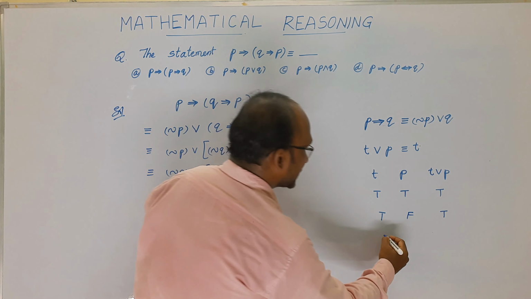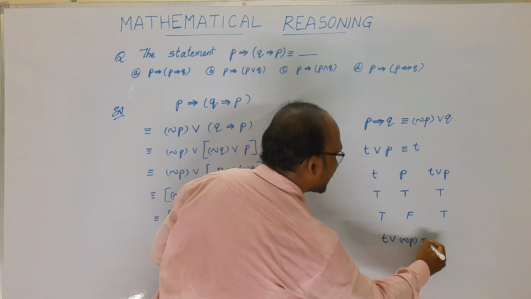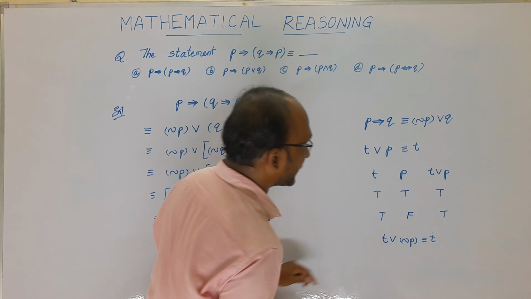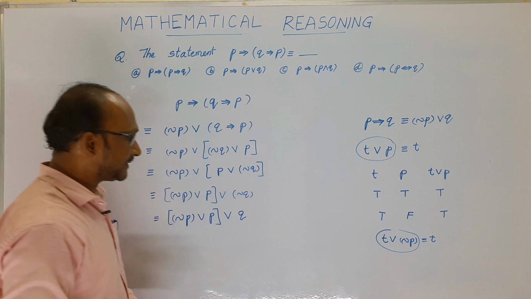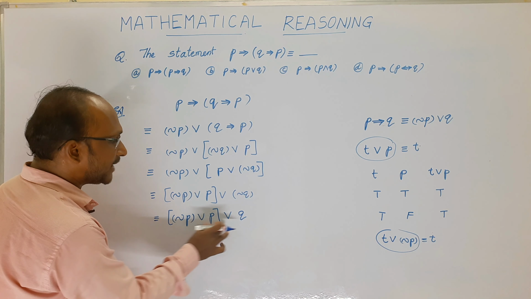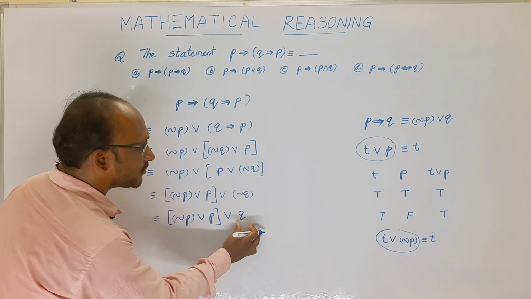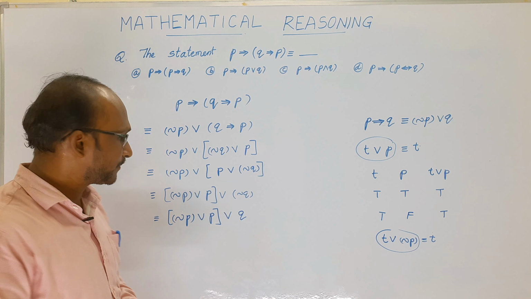If not, if you find the truth table of T or negation P, it is also true. That's why these two statements are equivalent. So we can replace this statement by T or instead of negation Q, I have written Q, no problem. Their disjunction is also true.